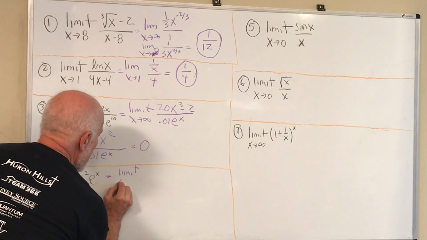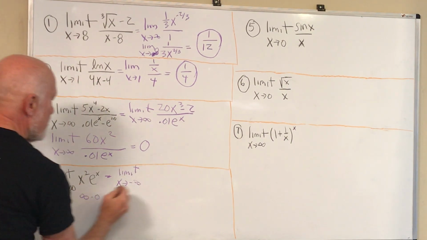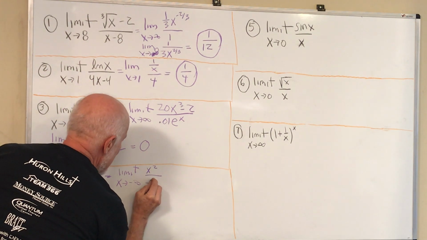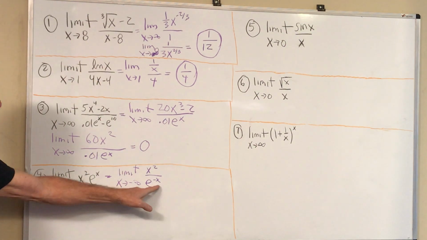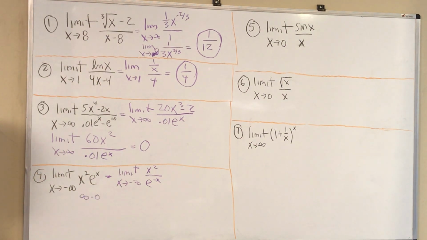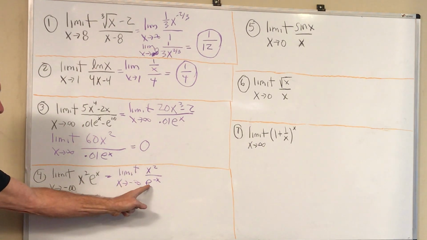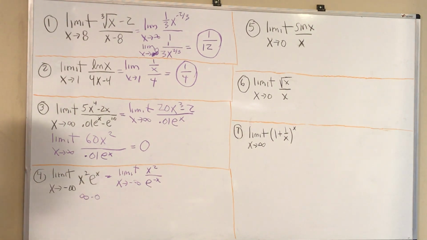So what we do is we rewrite it. We write the numerator to be x squared and the denominator to be e to the minus x. Then 1 divided by e to the minus x is e to the x. So we haven't changed anything. And now we get infinity over infinity, because e to the minus a negative infinity would be e to the infinity.